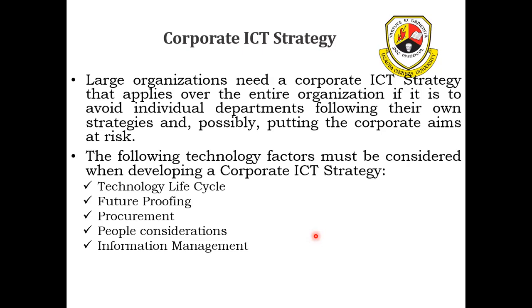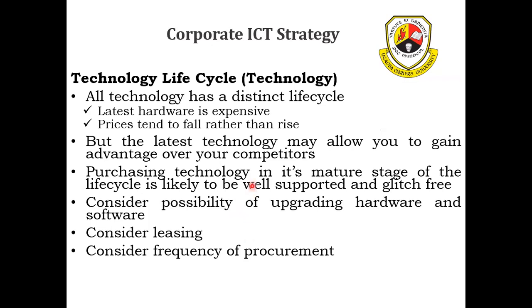So in developing a corporate ICT strategy, one looks at the technology life cycle, procurement, so on and so forth. Let's look at these individually. When you look at the technology life cycle, you're looking at the hardware.